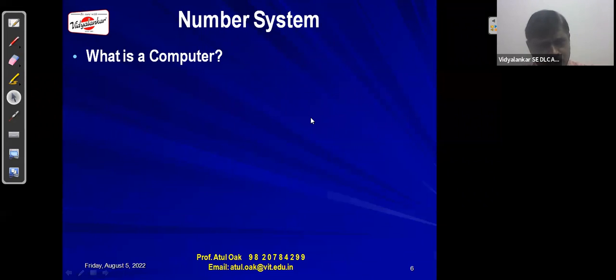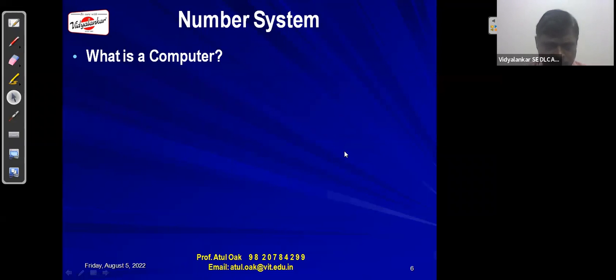Can anybody tell what is a computer? You are from computer engineering. Any answers? You can unmute or you can use the chat box.